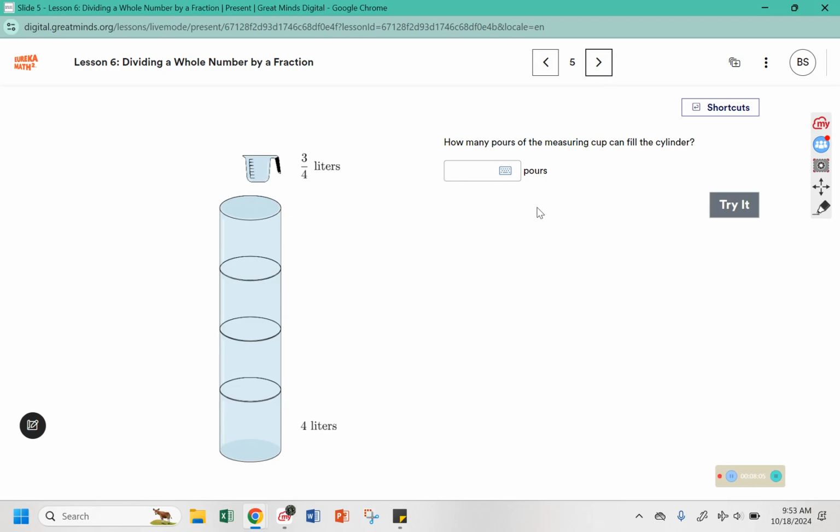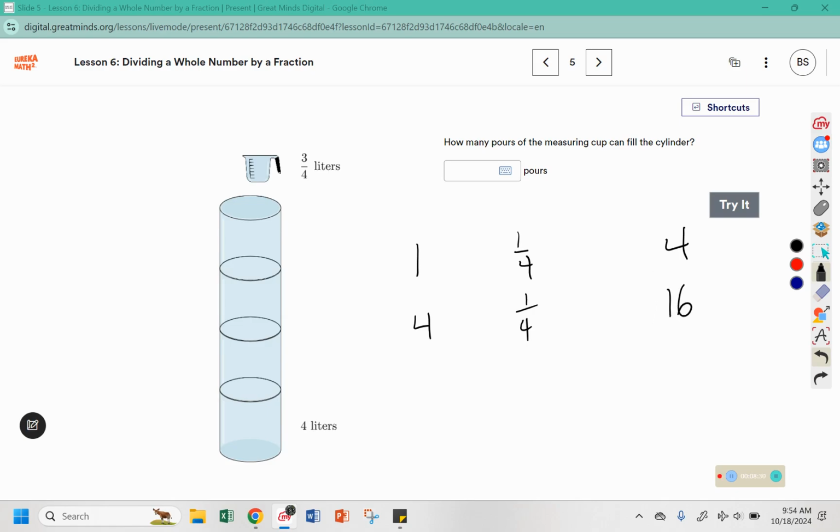How many pours of the measuring cup can fill the cylinder? So to fill 1 liter using regular fourths, it would require 4 of them. To fill 4 liters using 1/4, it would take 4 times as much, so 16 pours.